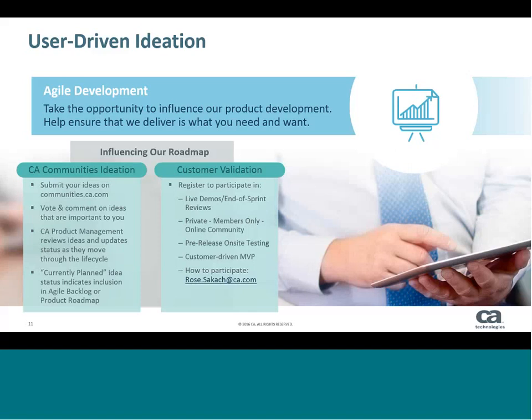And then you're also participating in our validation program where you're actually seeing the software as it's being developed and you're making an impact each and every time the team performs an end-of-sprint review. And I know many of you are already involved in this process. For those of you who aren't and are interested in participating, please feel free to reach out to me, rose.sakatch@ca.com, and I will get you engaged.